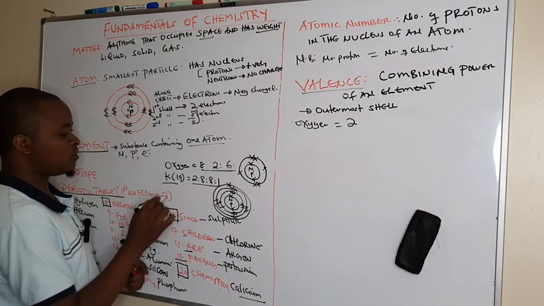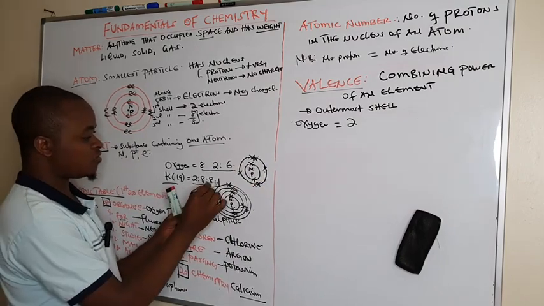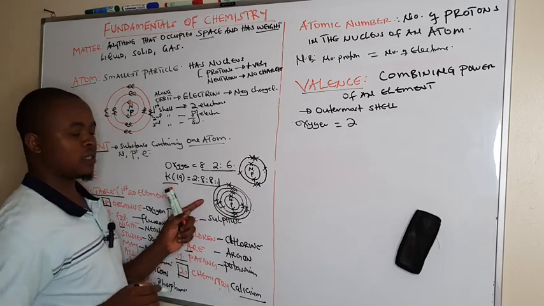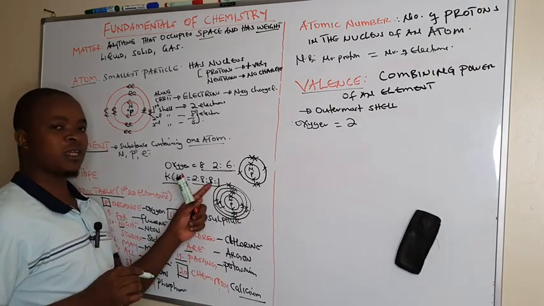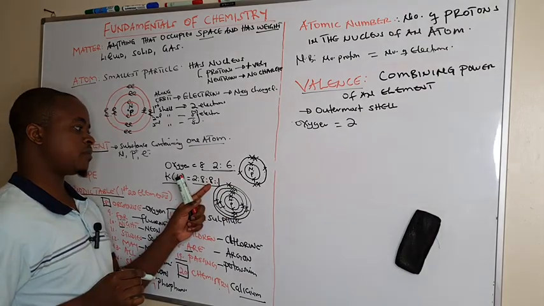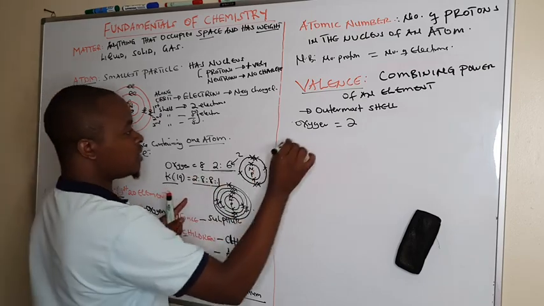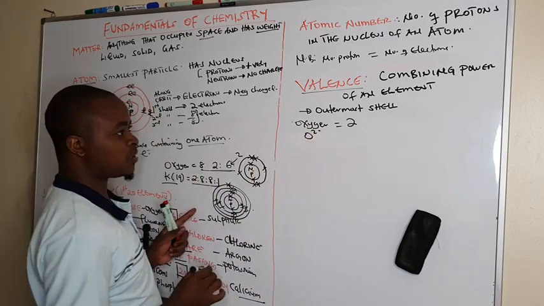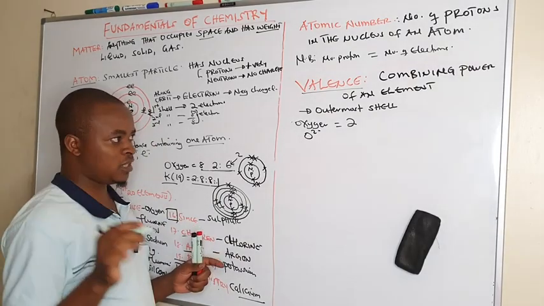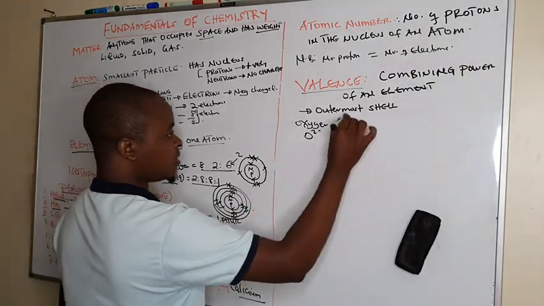Whereas the potassium has only 1 electron, so it can easily lose the 1 to attain a stable electronic configuration of argon. But this one, to attain a stable, it needs 2. That's why we write oxygen like this, because it is reacting by gaining 2 electrons. That's why its valence is 2.